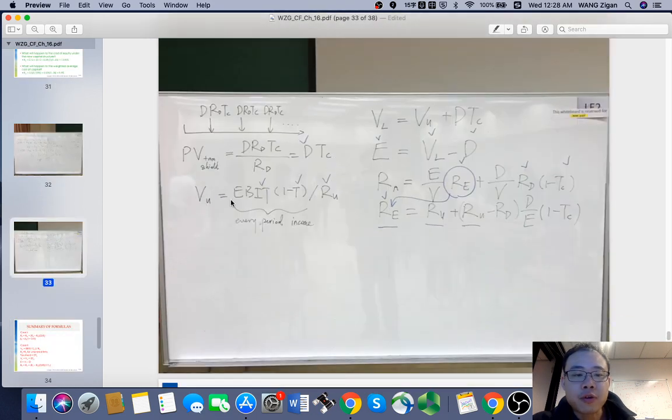So this is the unlevered firm. When you know EBIT, when you know the tax rate, when you know RU, you can calculate the unlevered firm's value. And you have the DTC, and T should be the same. Okay, I just forgot to write a C here. You should have the VL, the levered firm's value.